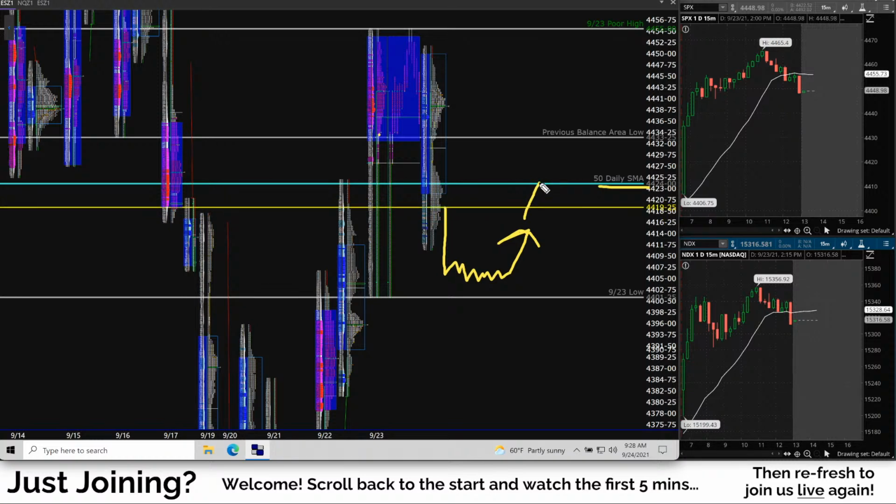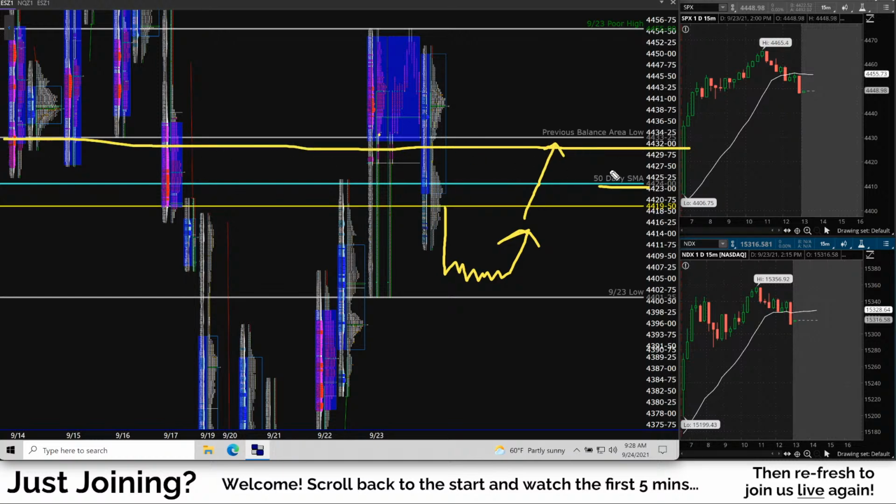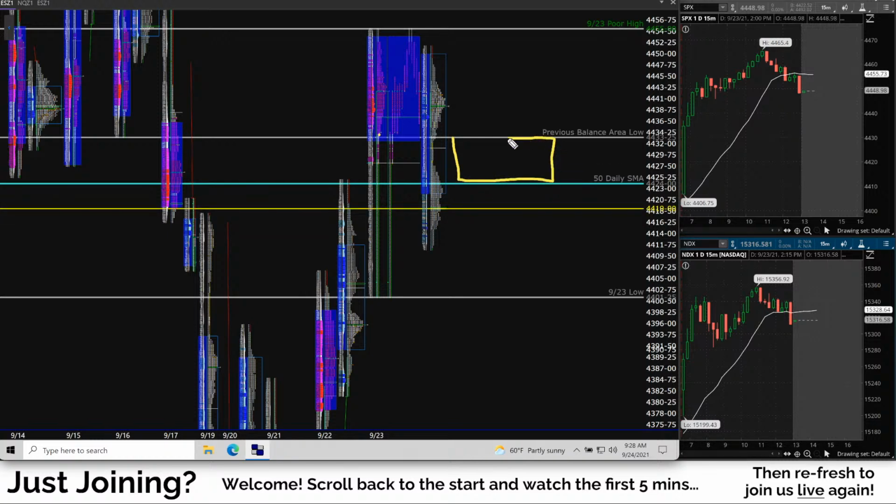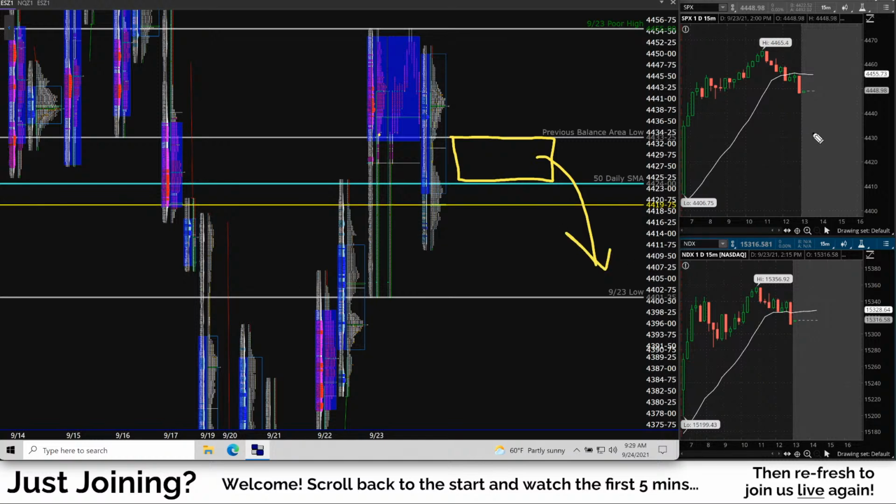If it's able to get through that, the next resistance is the bottom of that previous balancing area, which I'm calling right here. That's up to individual interpretation. You could pretty much think about it as being anywhere between that 50 and that 33.25 level right there. So resistance anywhere in here would be shortable for continuation lower.